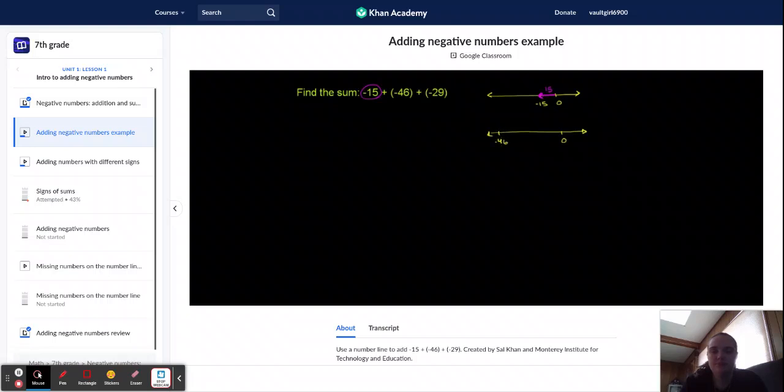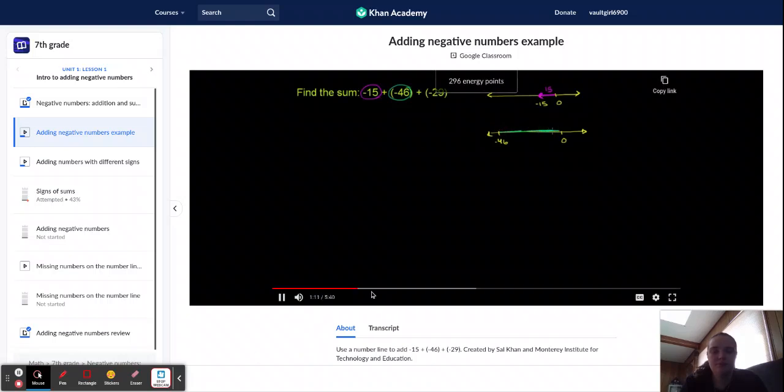Notice, same exact idea. The distance between negative 46 and 0, or another way to think about that is the absolute value of negative 46. This distance right over here is going to be 46. This distance right over here is going to be 46, and its direction is to the left. That's why it is the number. That is why we get to the number negative 46. The negative really tells you whether you're to the left or the right of 0. the absolute value says how far.